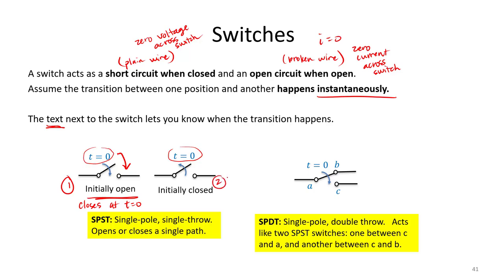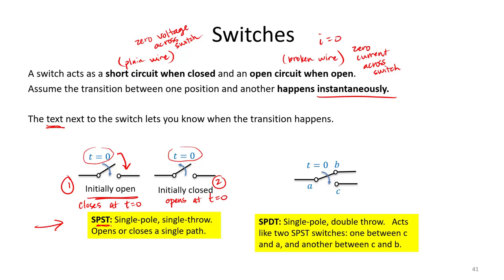In the second case, the switch opens at t equals 0, but before then, the switch is initially closed. This first type of switch is called SPST, single pole, single throw. These types of switches open or close a single path.